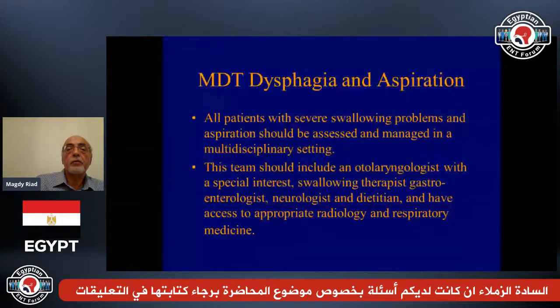And you probably do it every second week or so. If you see about 10 cases, then you end up in a year seeing about 200, half of them will be new cases and half of them will be review cases. And then you could start your own practice in treating dysphagia and aspiration.